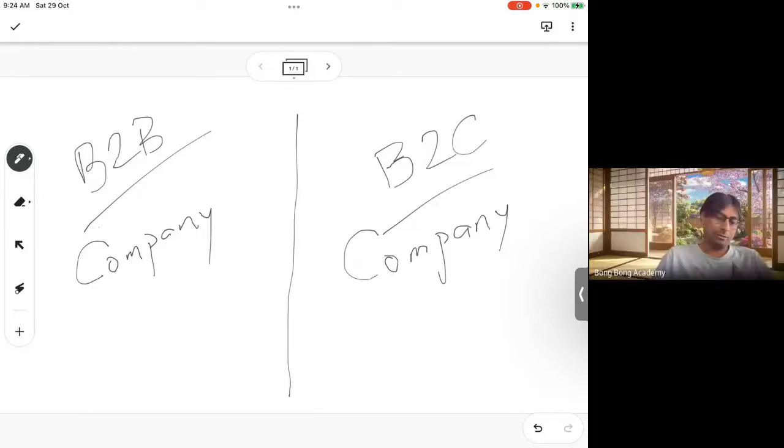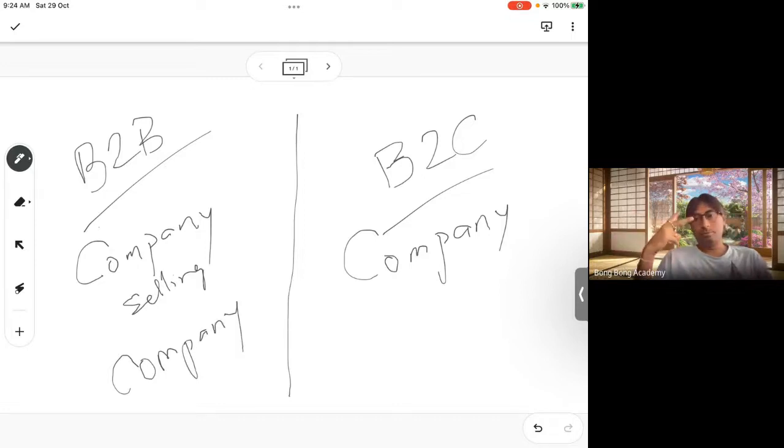Absolutely. Great, great. So B2B means a company is selling to another company, right? It's a relationship or a deal between a company and another company, or an organization and another organization. And when a company is selling directly to individuals, that is called B2C.